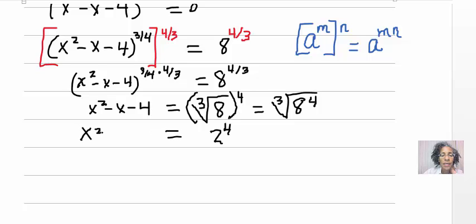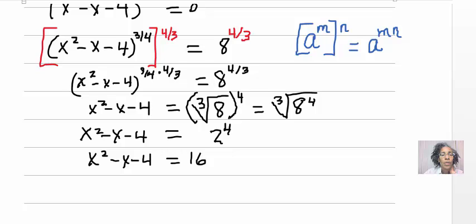And that will give me the same result as raising 8 to the 4th and then taking the cube root of whatever that is. So 2 to the 4th is 16. So x squared minus x minus 4 equals 16.